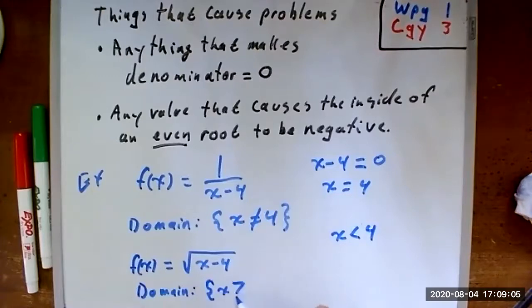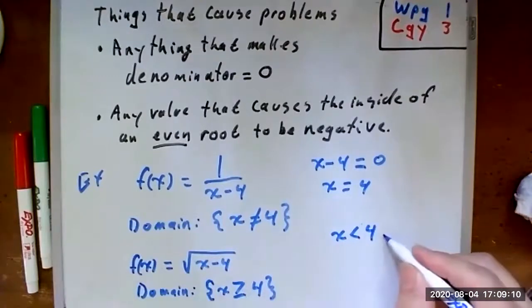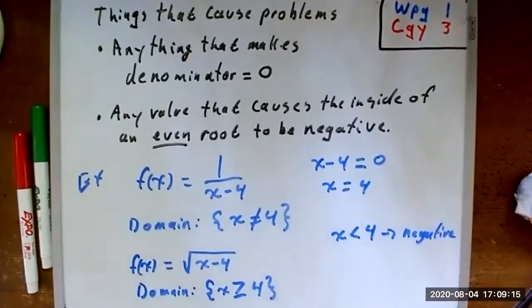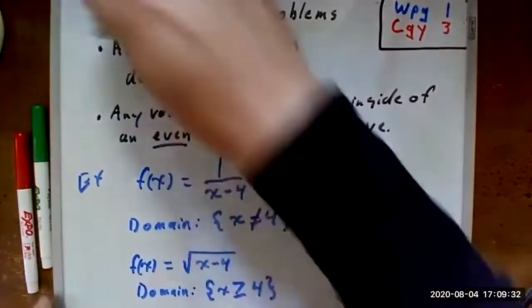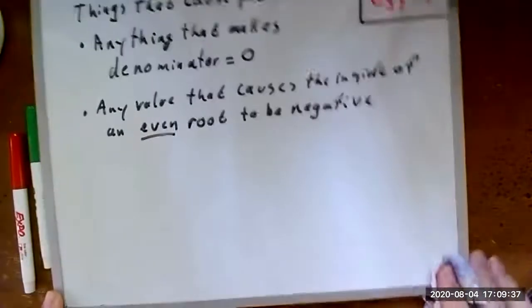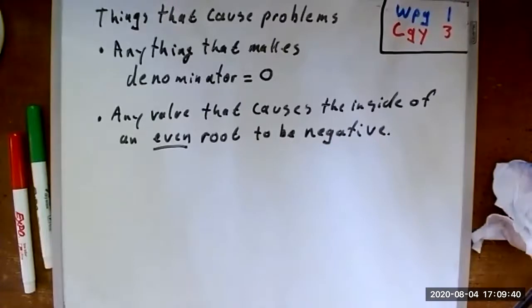So for this, my domain simply has to be any x that is greater than or equal to 4. Any questions on that? Not yet. Let me do a couple of examples.